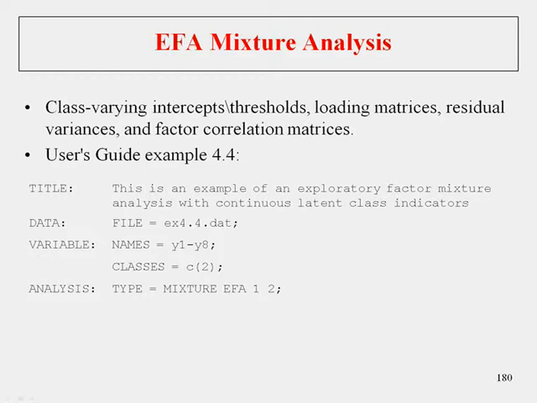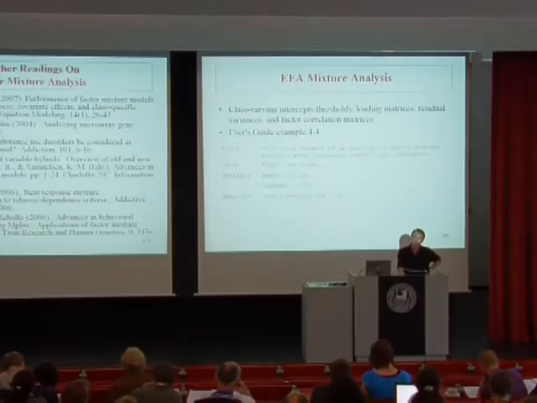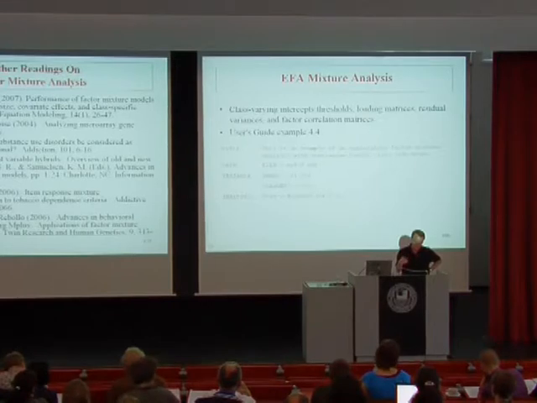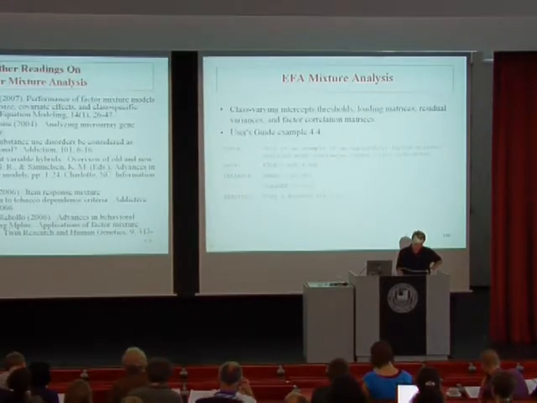So everything is free and exploratory. And this is the example of User's Guide 4.4. So that's how you set it up. That could be useful in trying to figure out the combination of classes and factors. So you really have to explore all combinations of number of classes and number of factors.